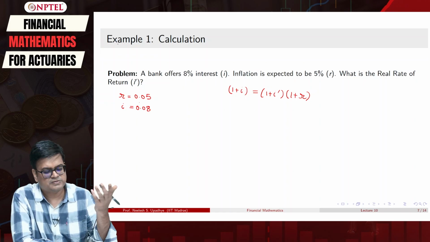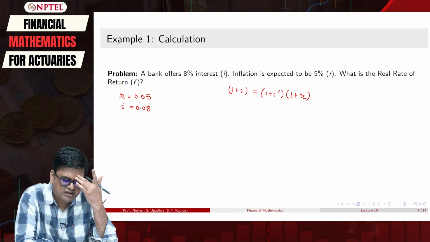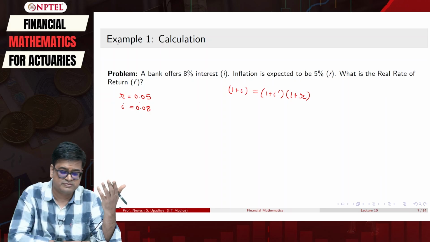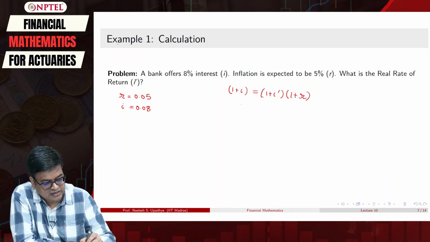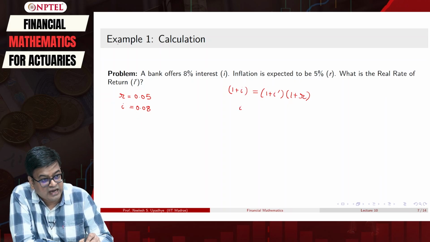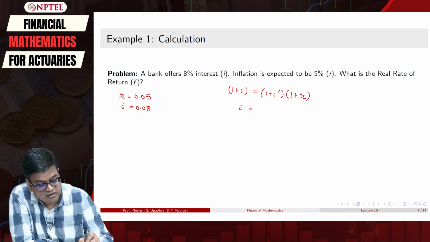If somebody asks what the real interest rate is that I earn, from the previous slide you have one straightforward technique: I' is I minus R, which is 0.08 minus 0.05, and therefore this is going to be equal to 0.03.